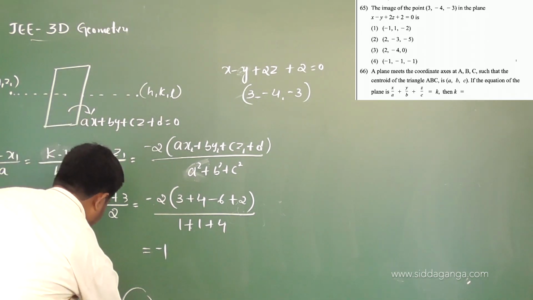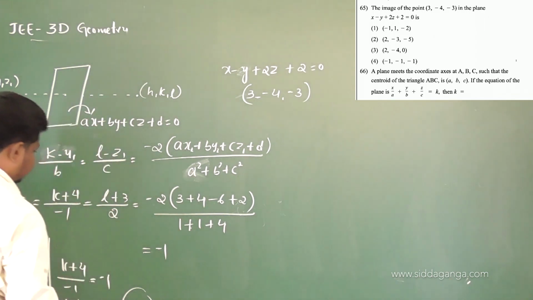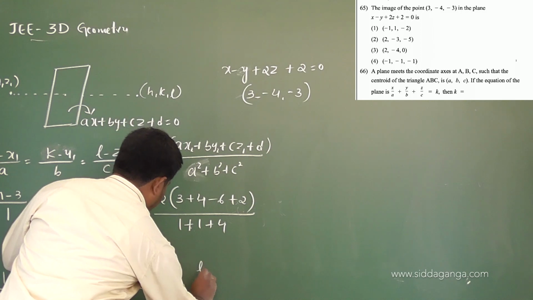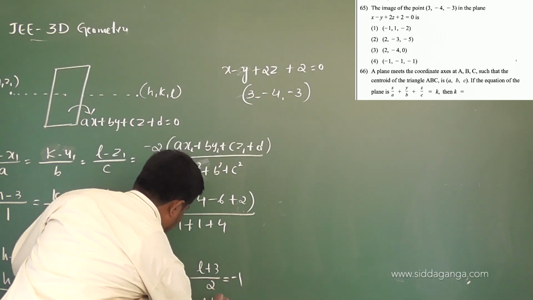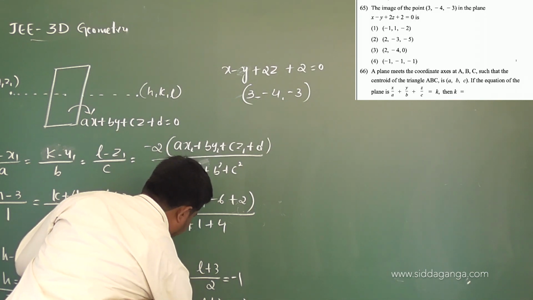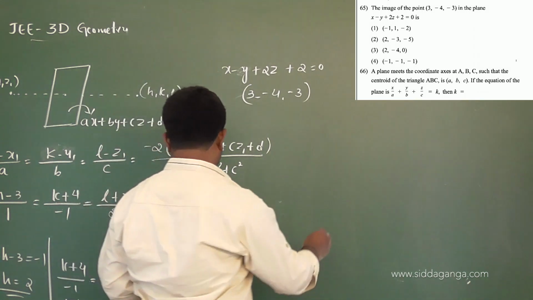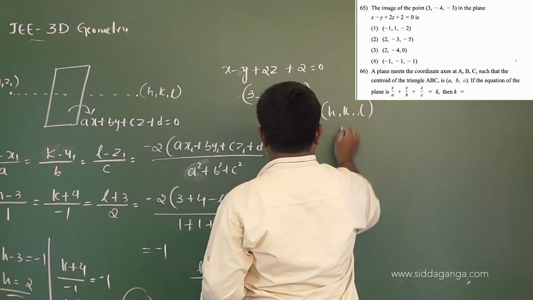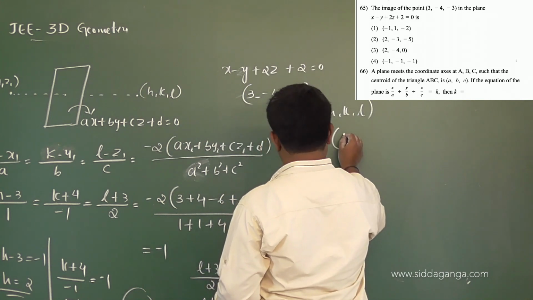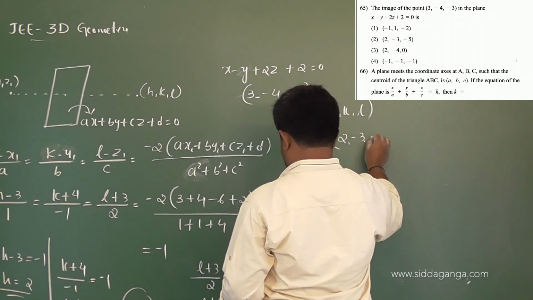Sorry, minus 3. And (l plus 3) by 2 is equal to minus 1. So, l plus 3 is minus 2. So, l is minus 5. So, your required image h comma k comma l is given by (2, -3, -5).